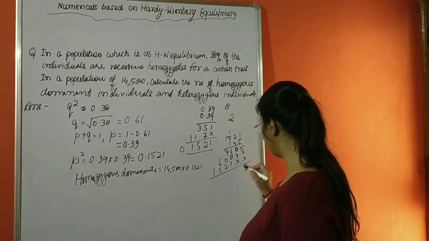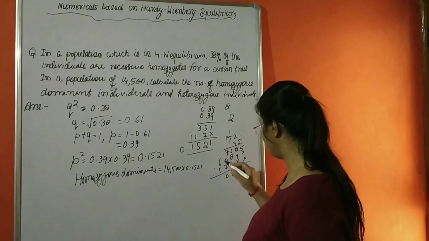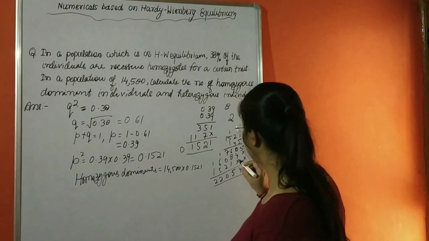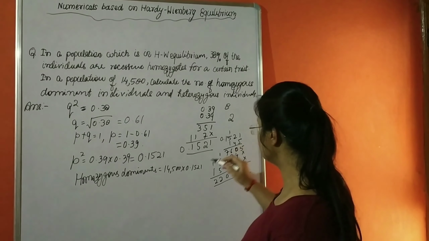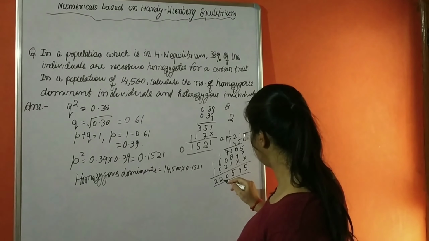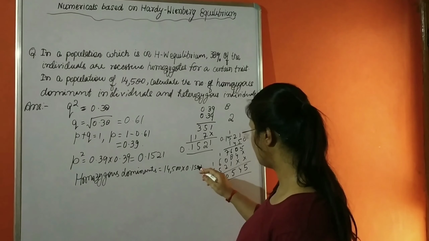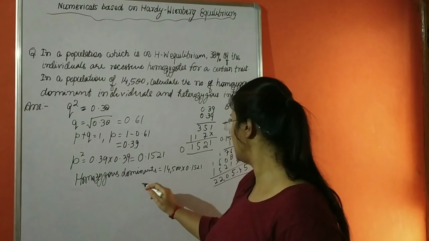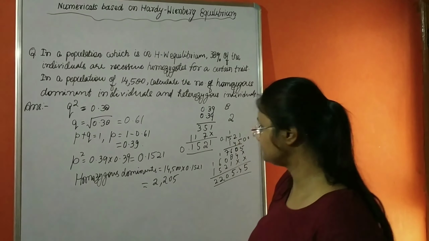So that means 2,205 individuals are homozygous dominants.